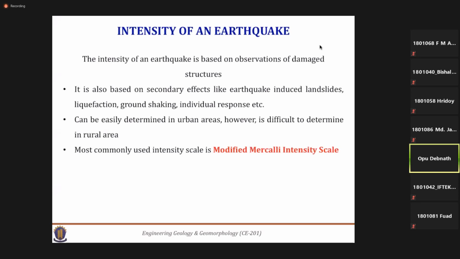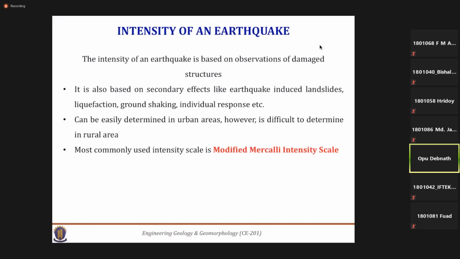So there are many consecutive steps that may come. This intensity can easily be determined in urban areas, but for rural areas it is very difficult.